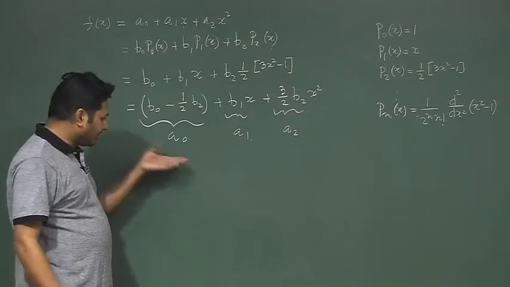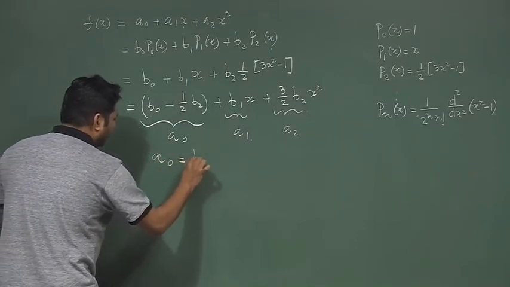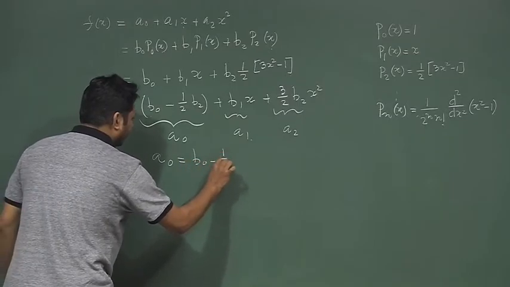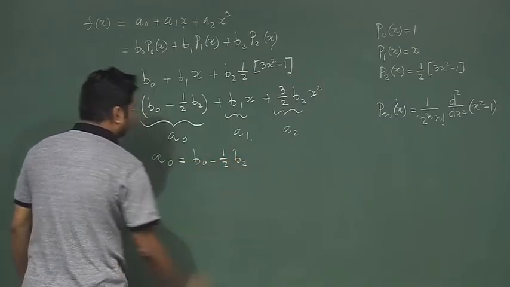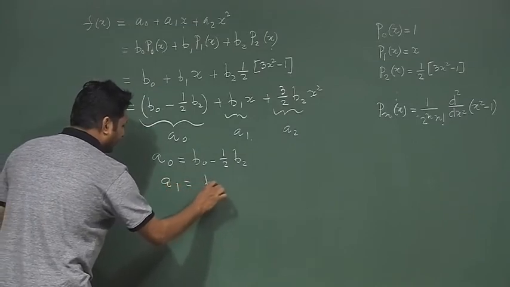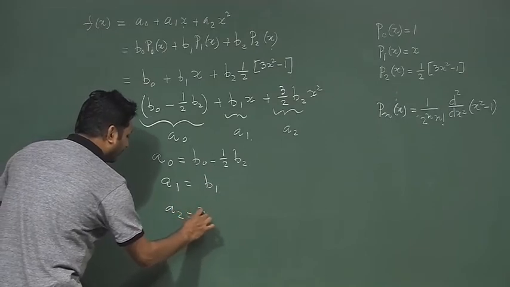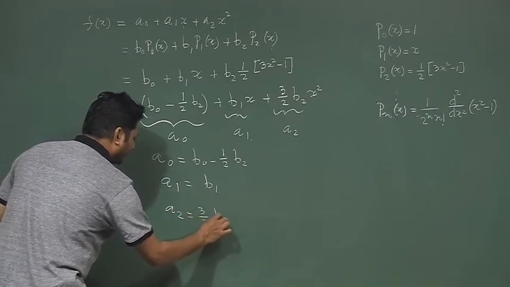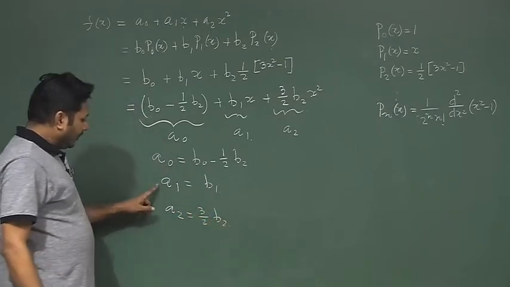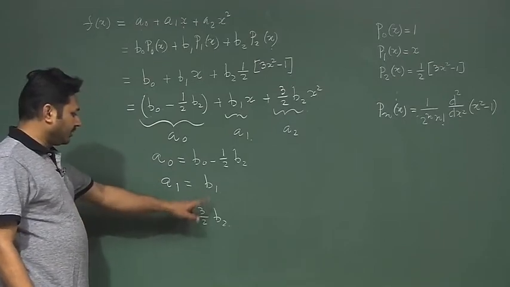So, there is a straight relationship between these quantities. A0 will be B0 minus half B2, A1 will be B1 and A2 will be 3 by 2 B2. A1 you know, A2 you know, which are B1 and B2.